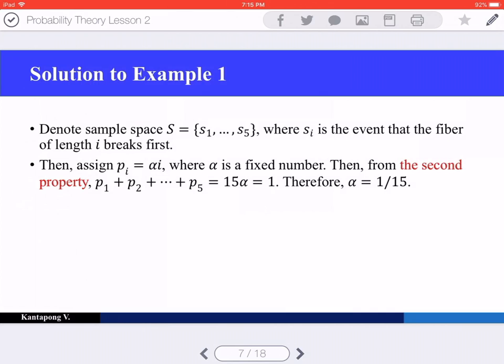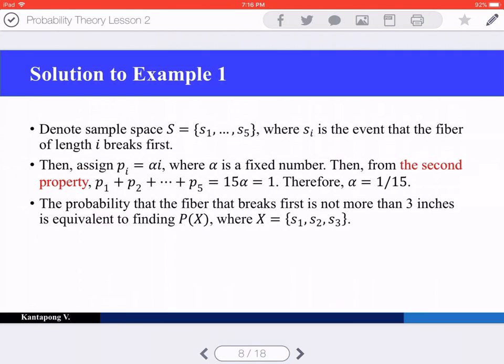Because we are going to apply the second axiom in order to find alpha. So, from the second property, P1 plus P2 plus P3 plus P4 plus P5 is equal to 15 alpha, which is equal to 1. Therefore, alpha is equal to 1 over 15. So, we are almost ready to answer the question.